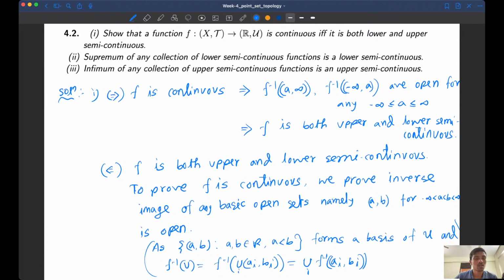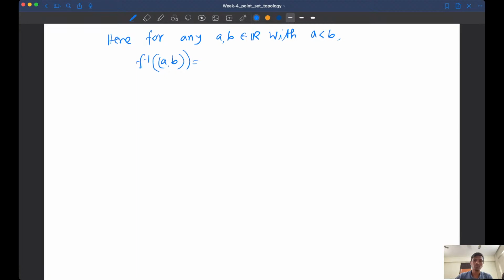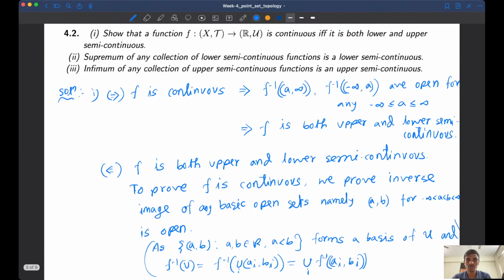So now in this case, for a in R with a less than b, f inverse of (a, b), this interval, I can write as an intersection of a right infinite set and a left infinite set.